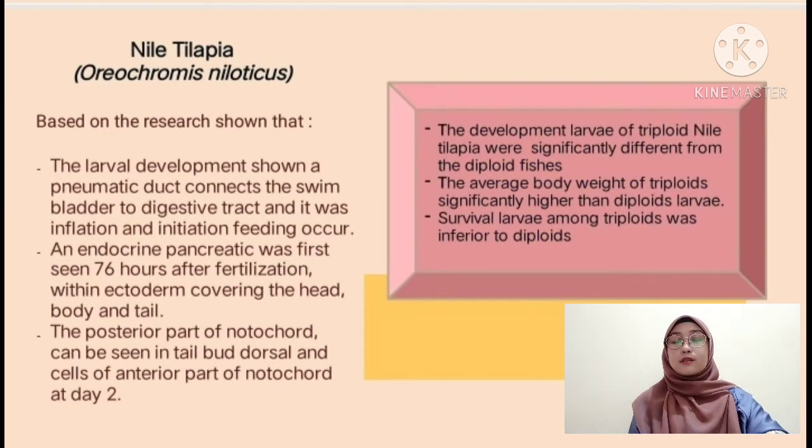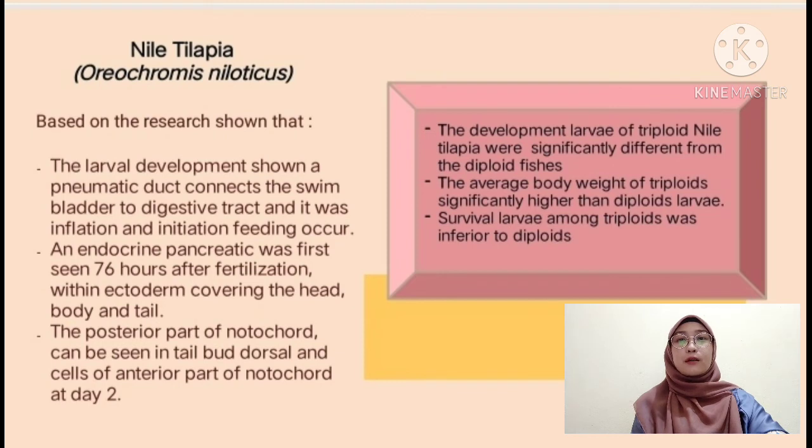The third species is Nile tilapia. The larval development shown a pneumatic duct connects the swim bladder to digestive tract, and it was inflation and initiation feeding occur. An endocrine pancreas was first seen 76 hours after fertilization within ectoderm covering the head, body, and tail.